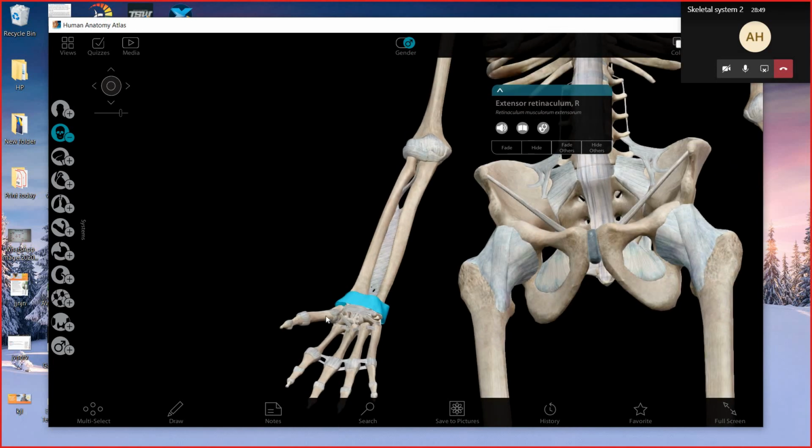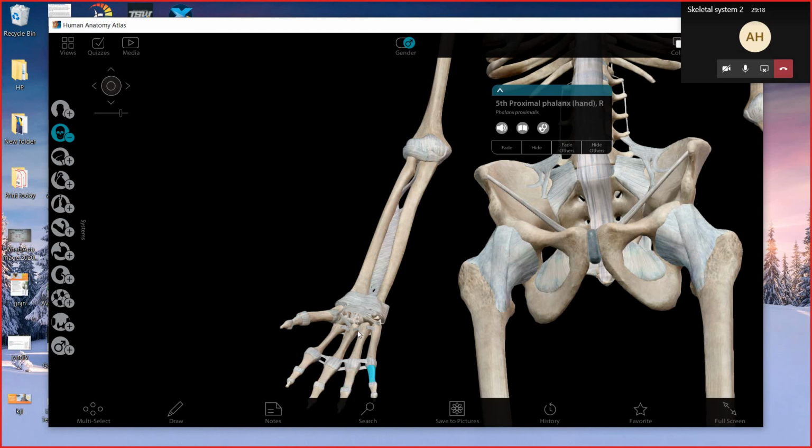And now here we can see that these are the bones of our hands. The bones of our hands are called metacarpals. So here we have 5 metacarpals: 1, 2, 3, 4, 5 metacarpals, and then the phalanx.